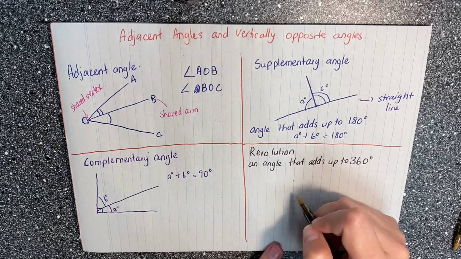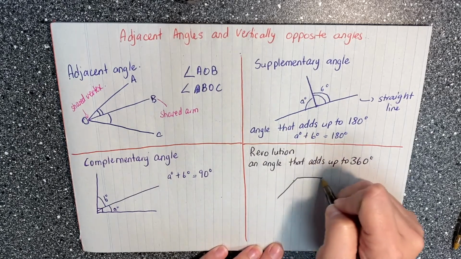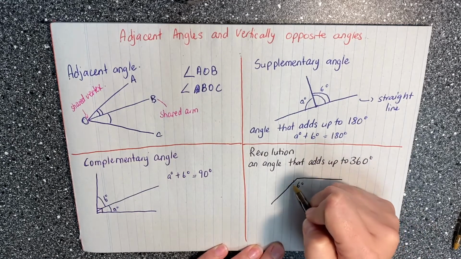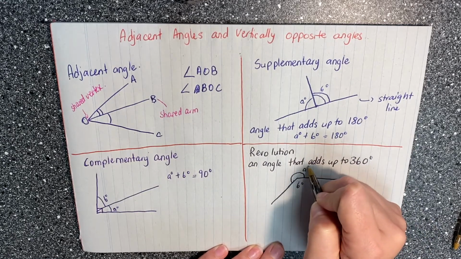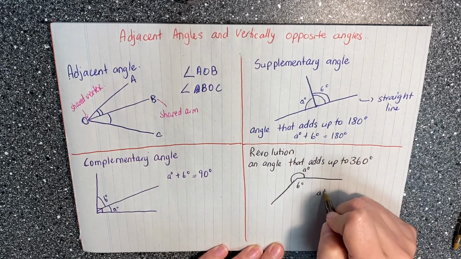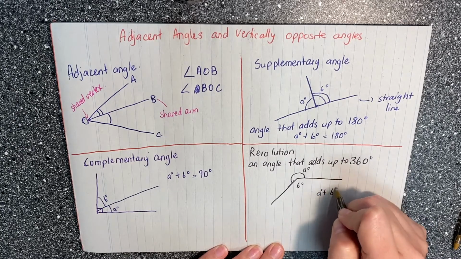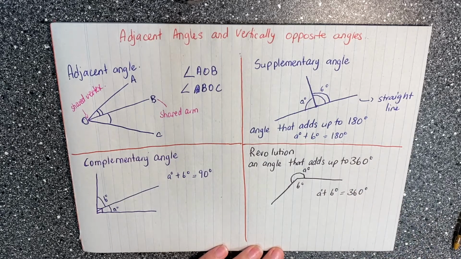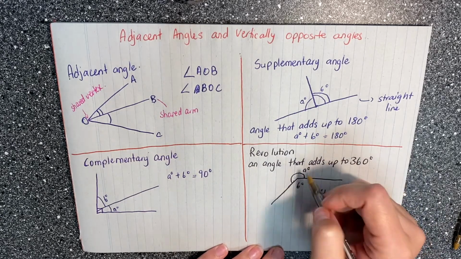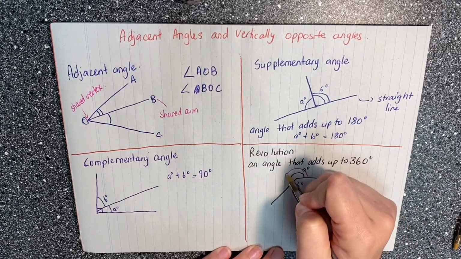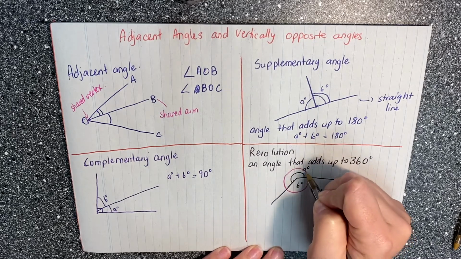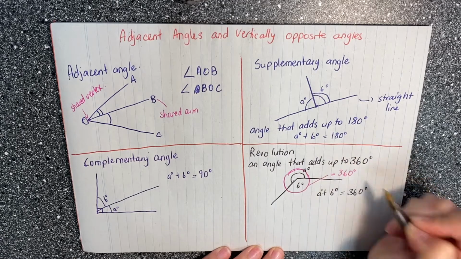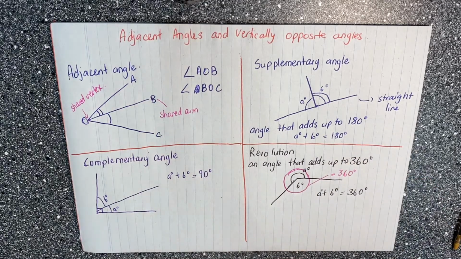If we had, let's just draw this angle here, B and say that we had A here, then A plus B equals 360. This is a full revolution because the angle that we are talking about is the circle here. So this equals 360.